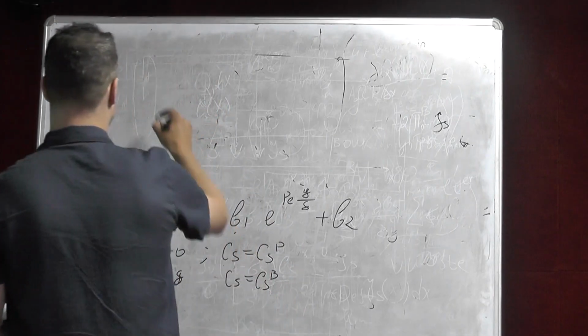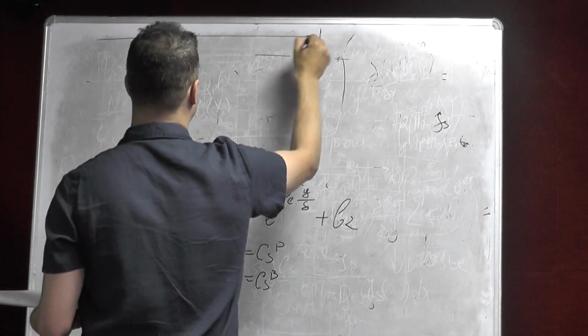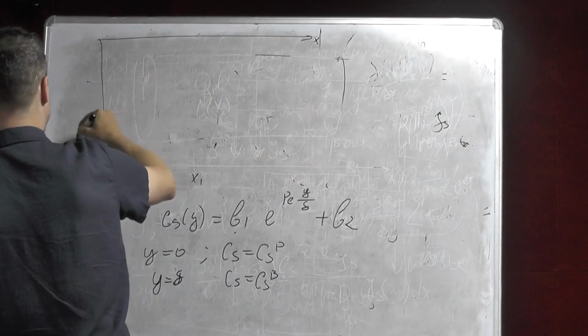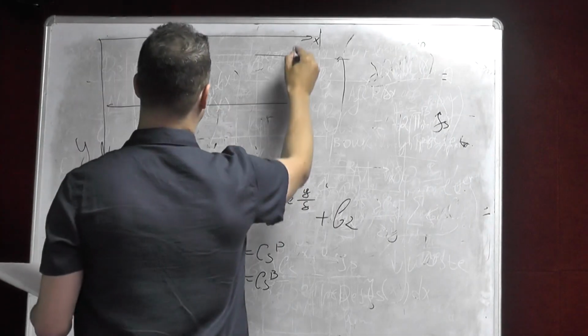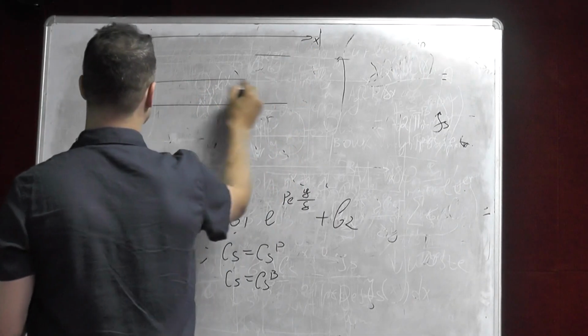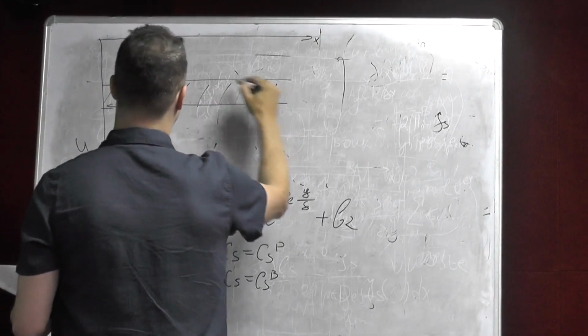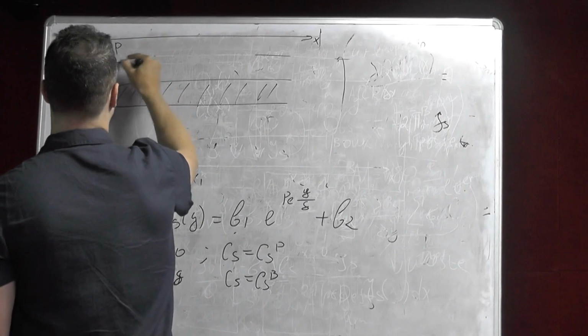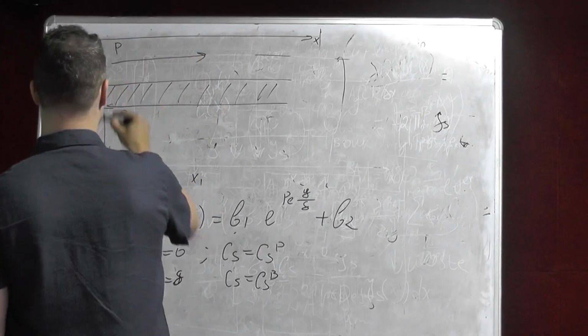So basically it's the condition when we have the membrane and we consider just one-dimensional diffusion. If we talk about the thickness of the membrane, it's a membrane, and that's the capillary where we have the plasma flow, and this is the Bowman space.